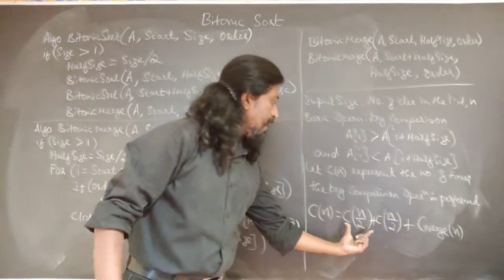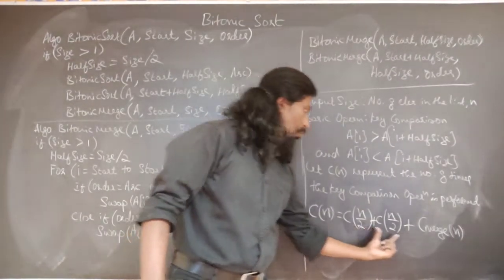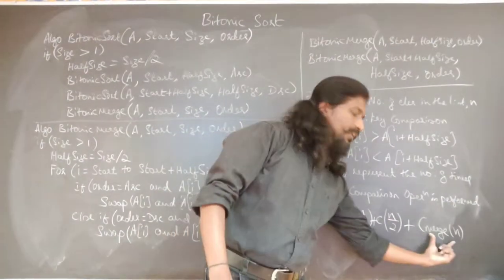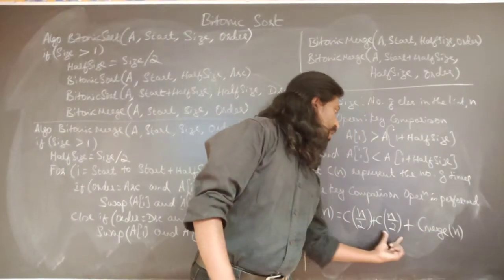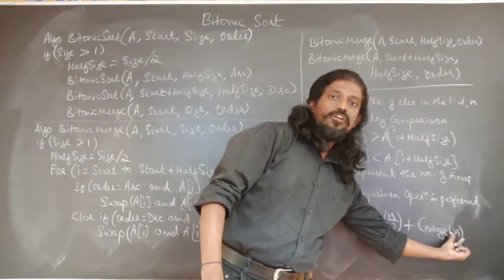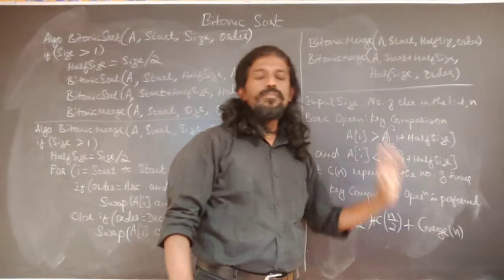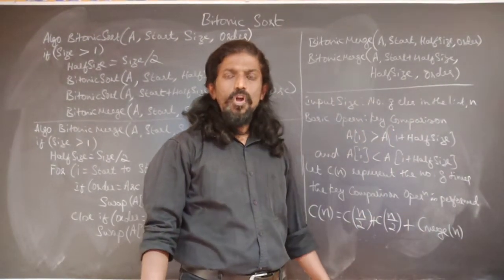We have the upper half of n by 2 elements and the lower half of n by 2 elements, and finally we merge these two halves into a final array of n elements, performing some number of comparison operations.